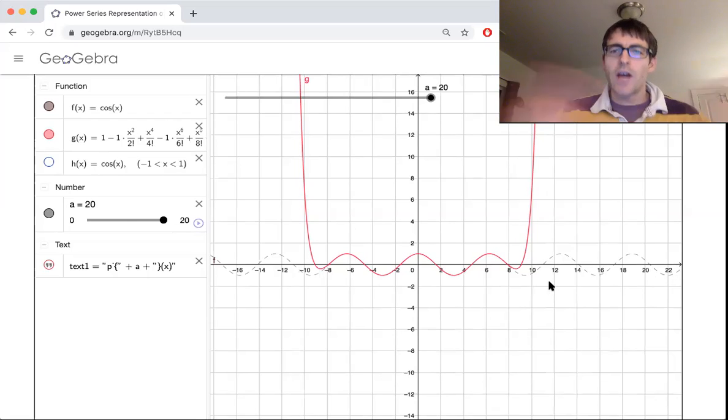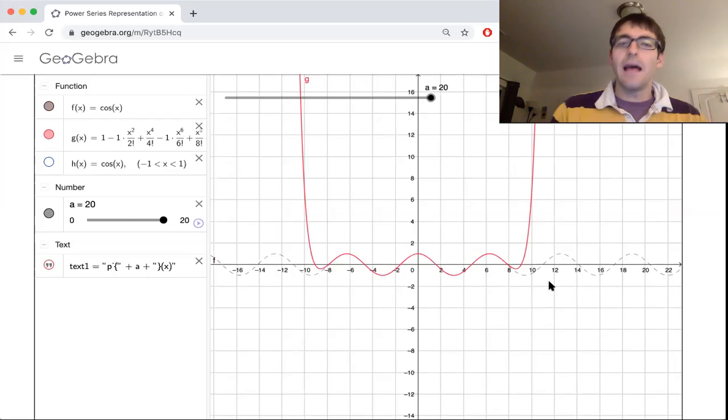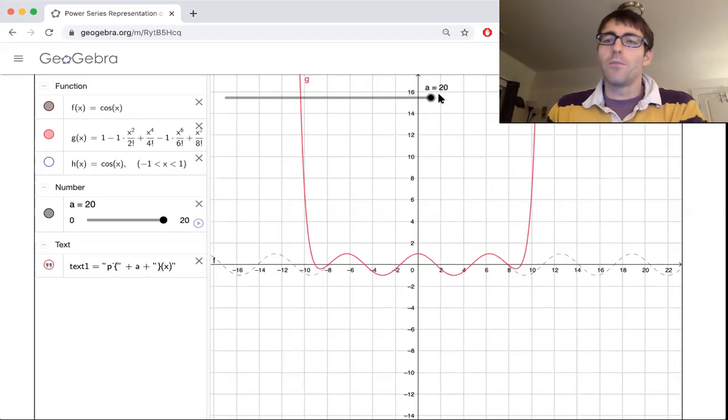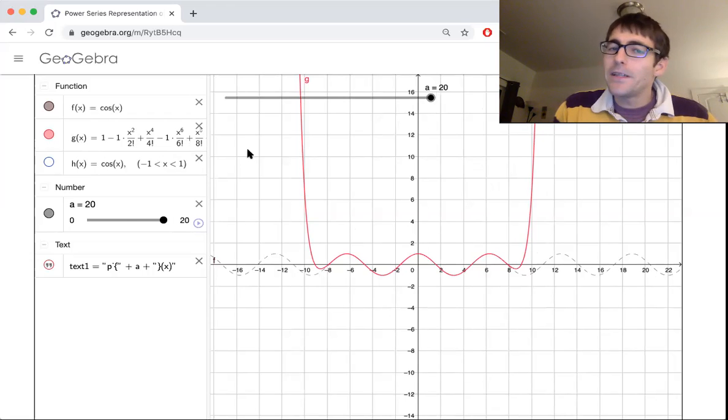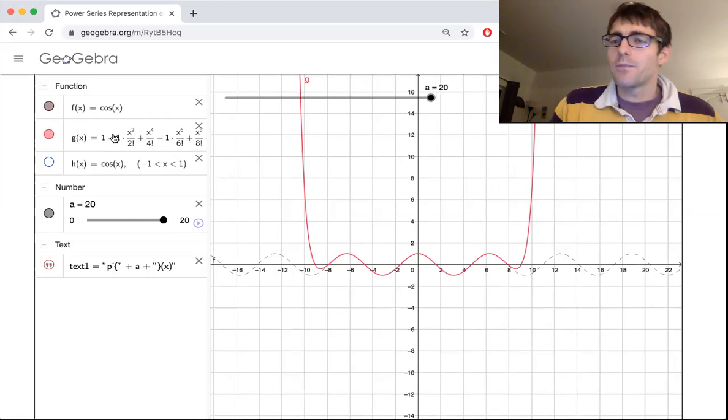So the general idea behind power series is that we are going to let the allowable degree of the polynomial go to infinity. In the limit, as we keep adding terms, we're going to get some infinitely long polynomial expression.